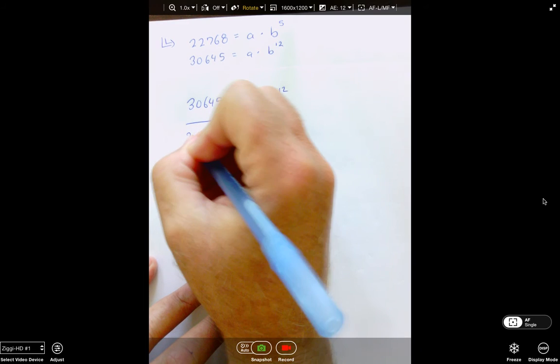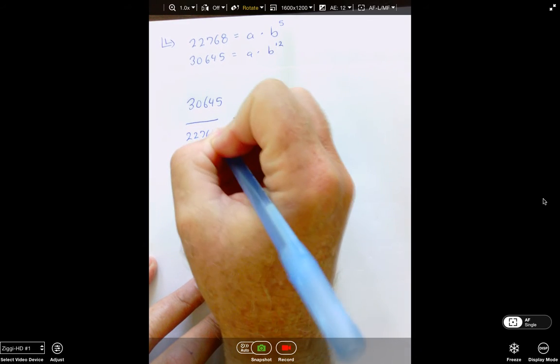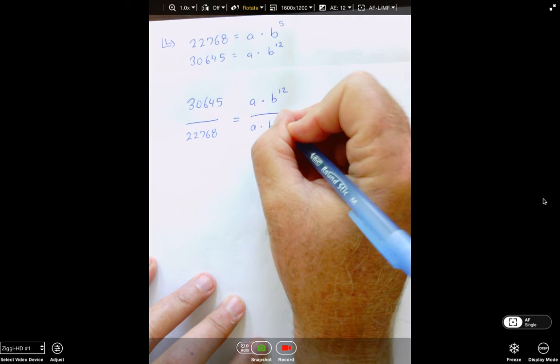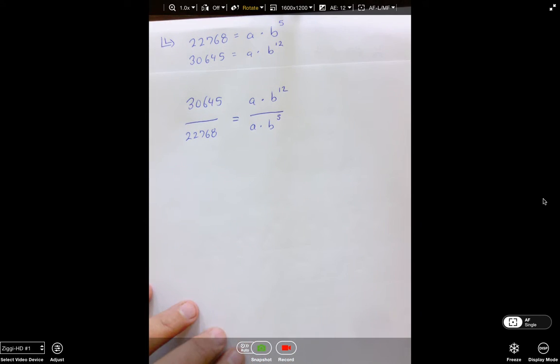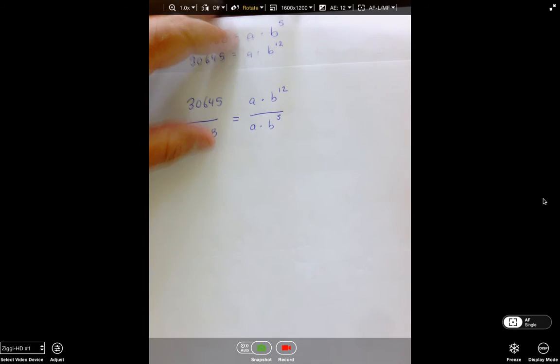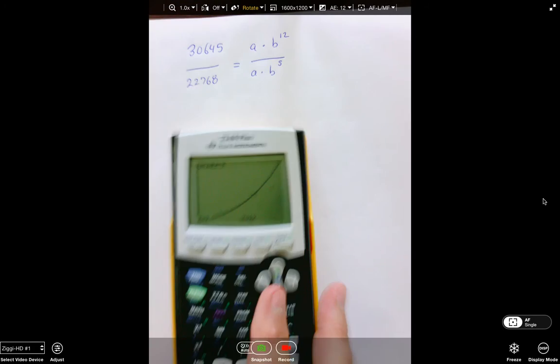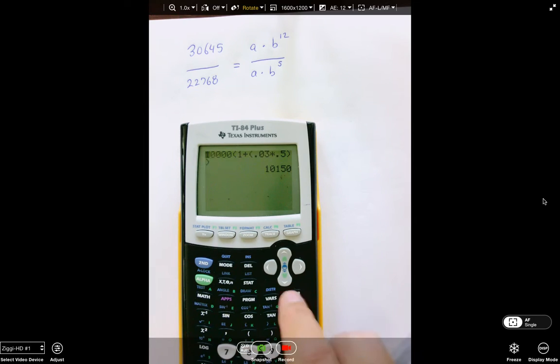Smallest number on the bottom. And work our magic. All right, so 30,645 divided by 22,768.